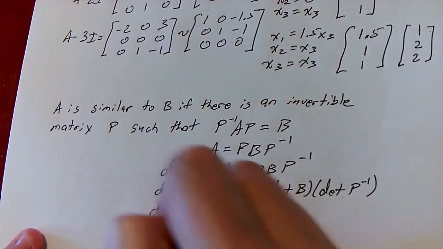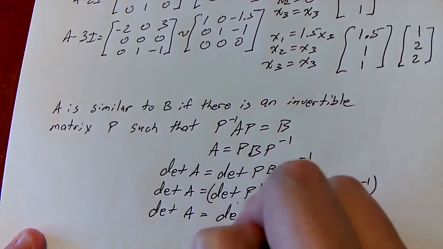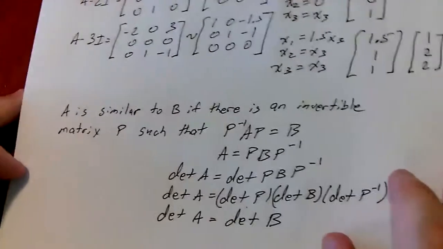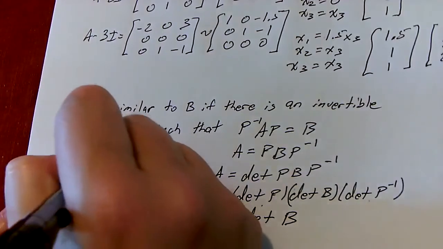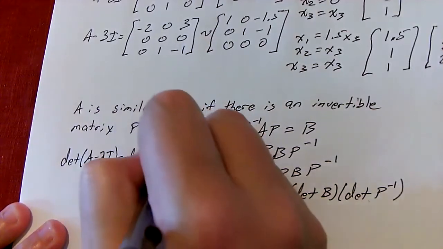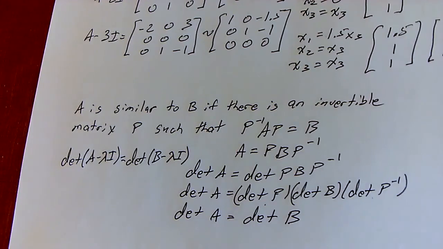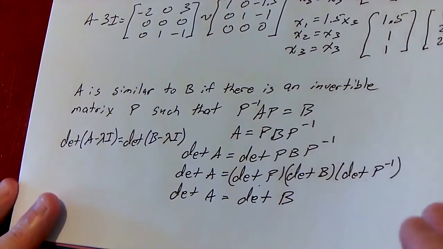So this is just equal to the determinant of A times the determinant of B. So similar matrices have the same determinants, which will mean then that if I do A minus lambda I, that's going to be the same thing as B minus lambda I. Okay, so similar matrices have the same eigenvalues, and the same characteristic equation or characteristic polynomial.